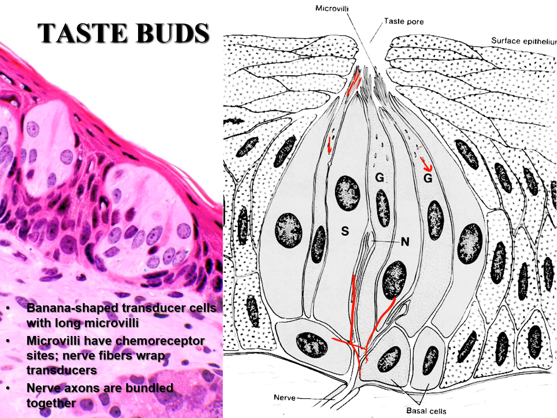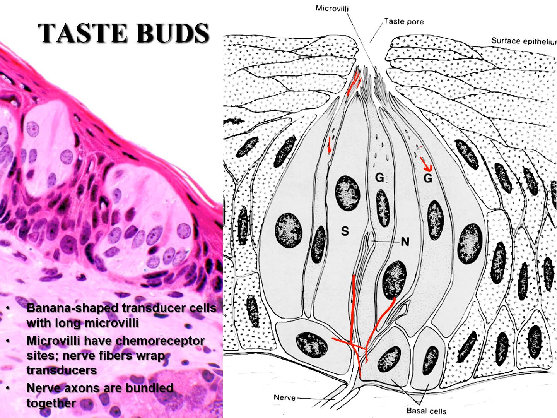Between these banana-shaped transducer cells, we have the supportive cells. These supportive cells provide chemical and nutritional support, mechanical support of these organs to keep them in their places. These cells need nutrients, and these cells can help provide this nutrition.